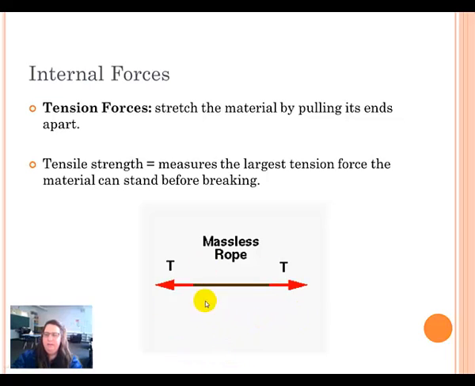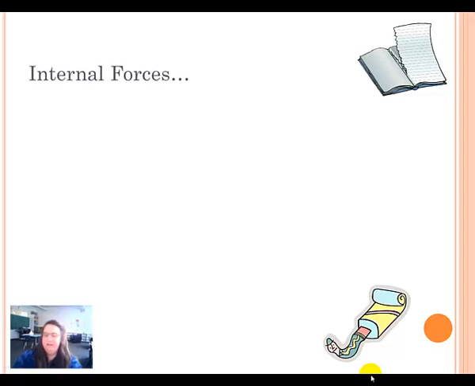Here's an example of how to measure tensile strength. You have a force being pulled in this direction, a rope being pulled in this direction. What they're going to do is measure the force applied on both ends, and just before this rope breaks is the strongest force possible, and that's called the tensile strength.